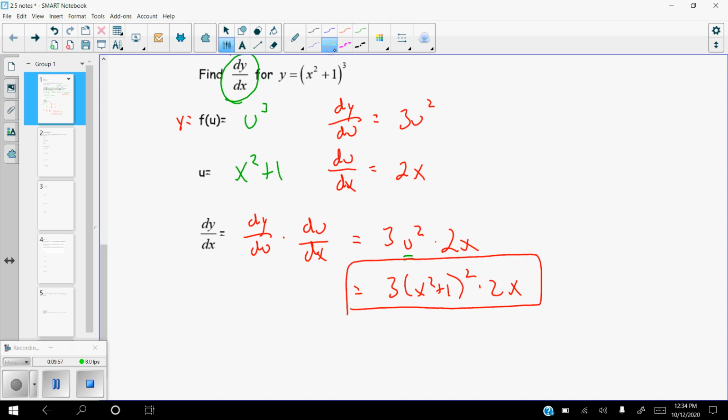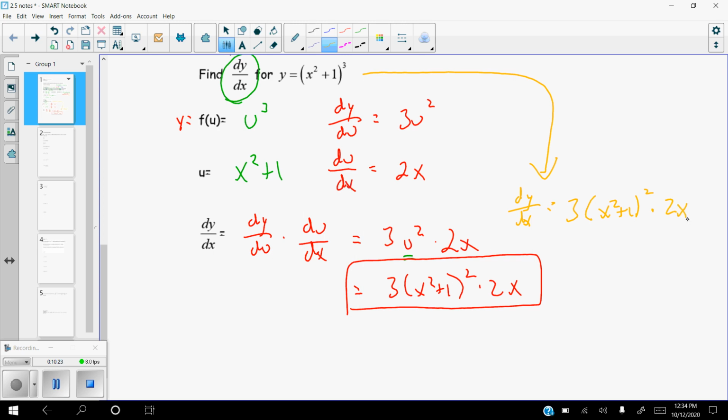So for dy over dx, the derivative of the outside piece says bring the 3 down, keep the inside, but then reduce the power by 1. That's the derivative of the outside piece. It's what's outside that parentheses. Multiplied by the derivative of what's in the parentheses, or the composite piece, which is 2x.